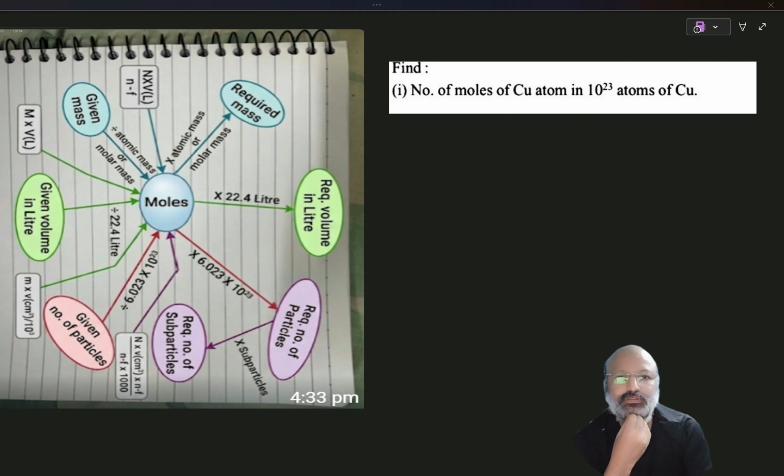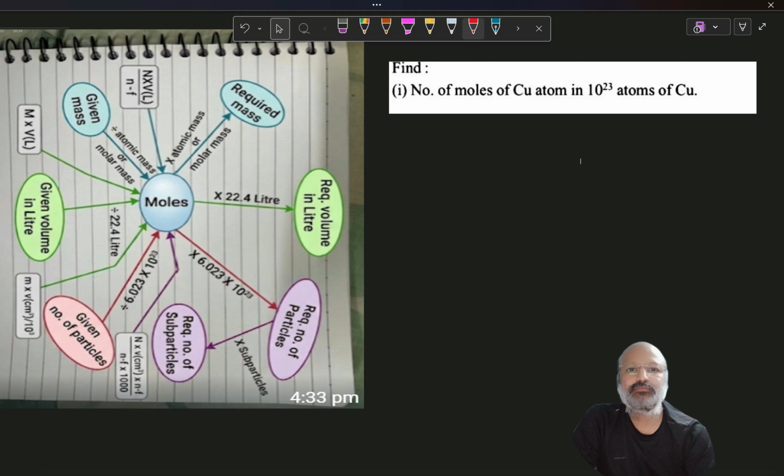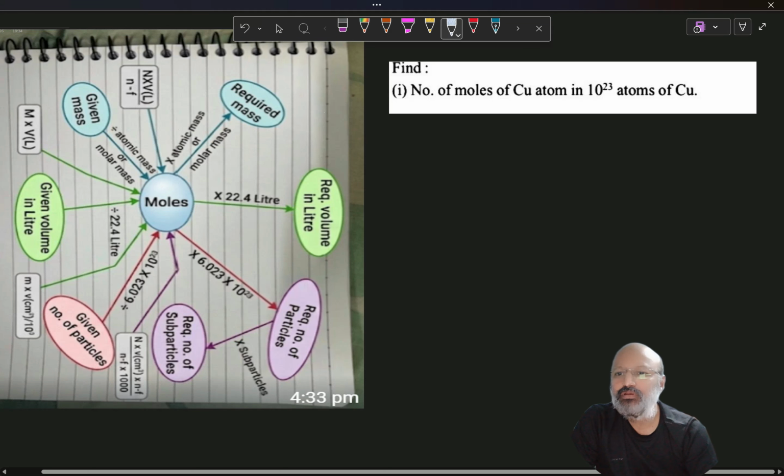Our first example is find number of moles of copper atom in 10 to the power 23 atoms of copper. To solve that, we need to understand where exactly we have the given data. You can see the given data present, basically you're in that area.